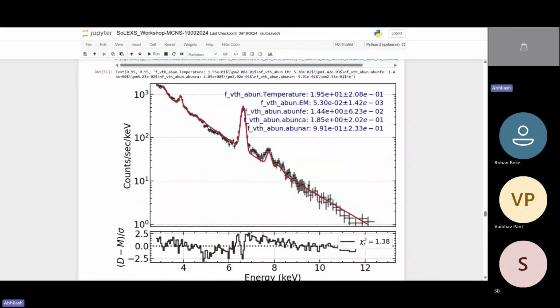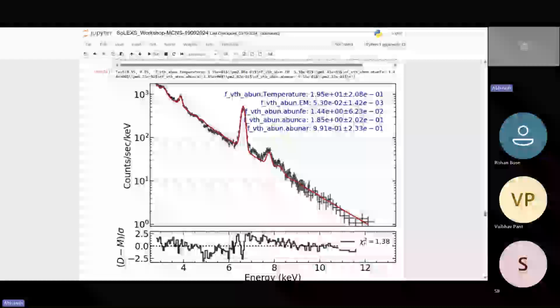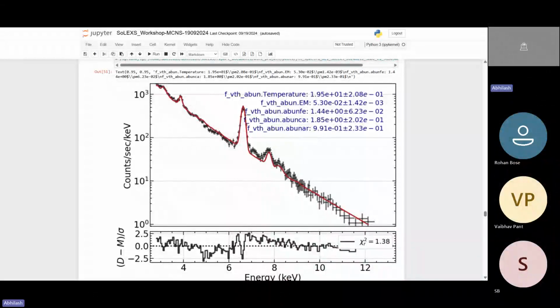We have lines coming from these three elements majorly. But mostly all are coming from iron only, at different ionization levels.